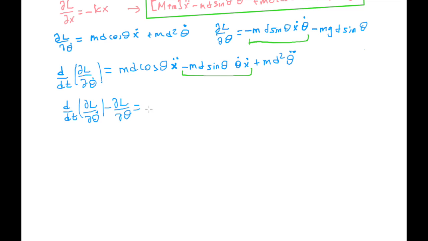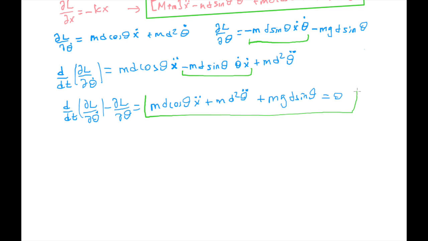It's going to be md cosine theta x double dot plus md square theta double dot plus mgd sine theta equals 0. So this is my second equation of motion.